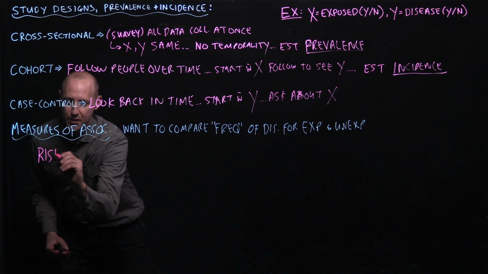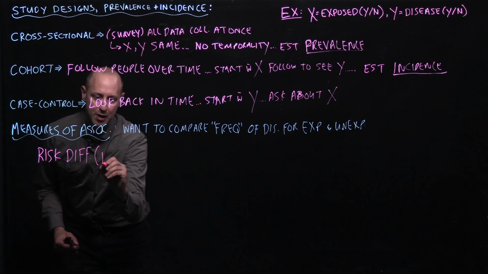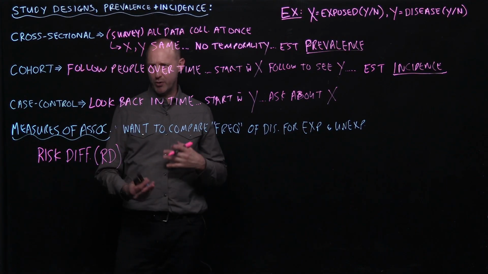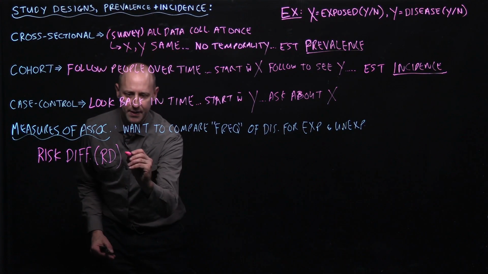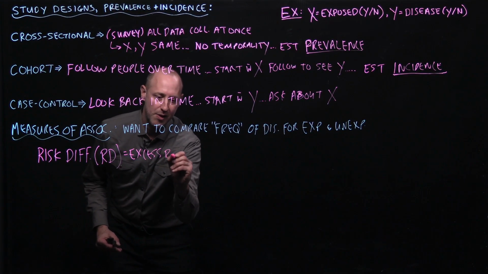The first we call the risk difference. I'm going to abbreviate it RD. Sometimes this gets referred to as attributable risk, or it goes by other names as well. You can think of this as the excess risk.